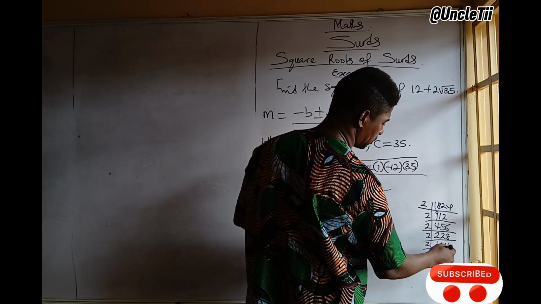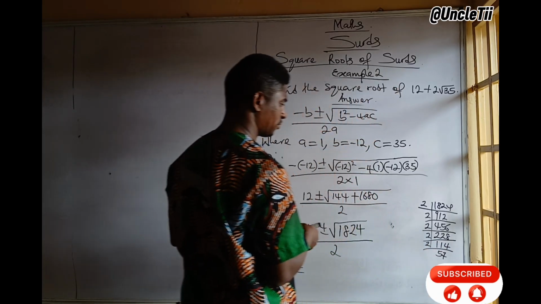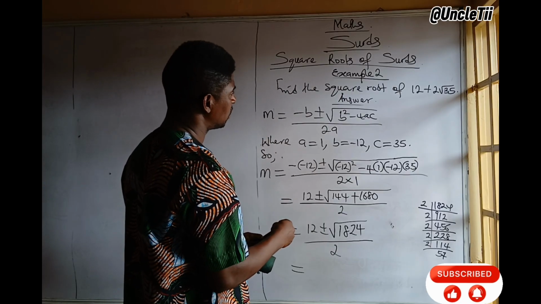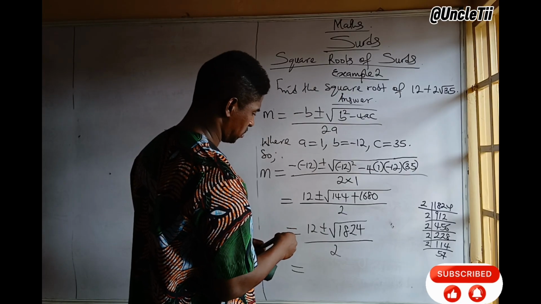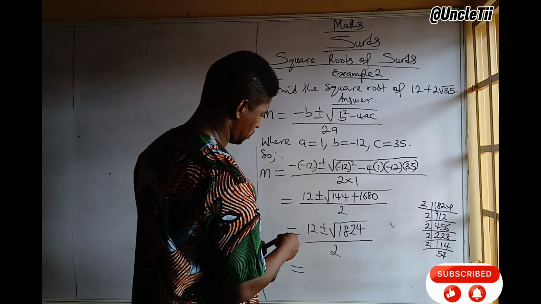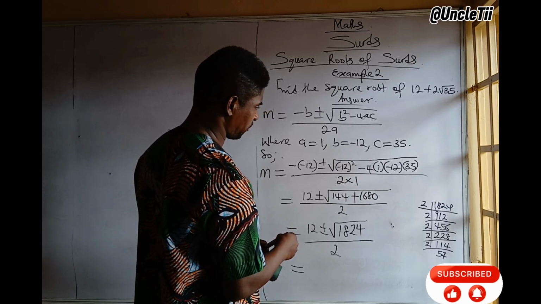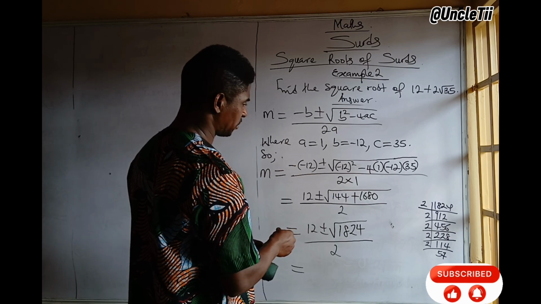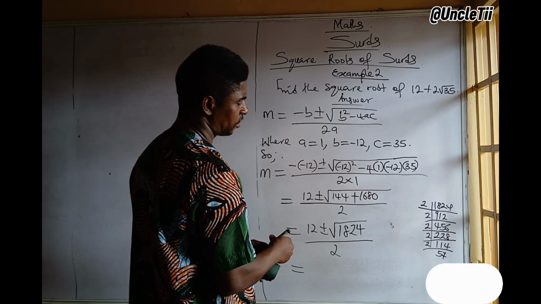I hope we have done it well. 7, 35. That will give us 7.